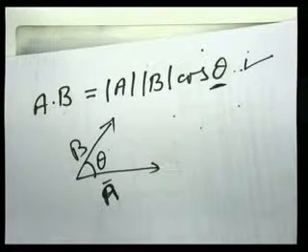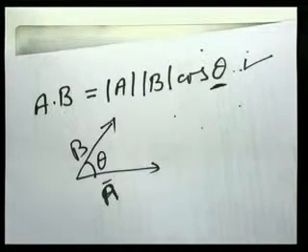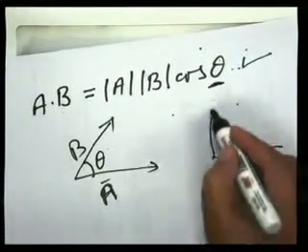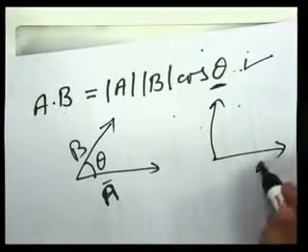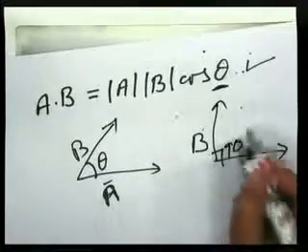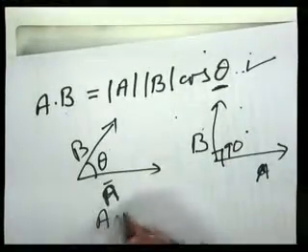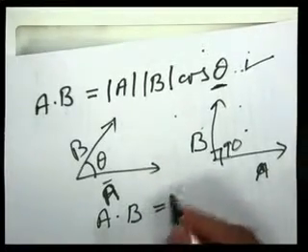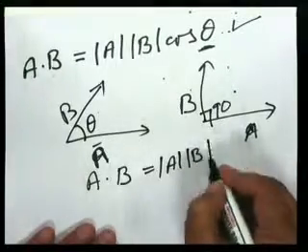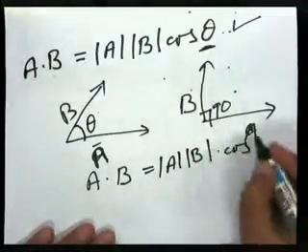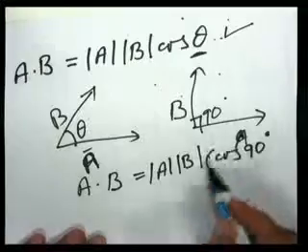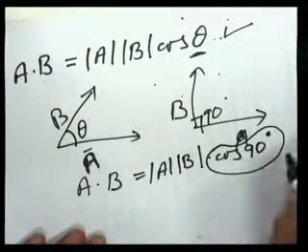So this is the alternate definition of the dot product. Now what is the physical or geometrical meaning of this dot product? Suppose we have perpendicular vectors A and B, at 90 degrees. So A dot B is equal to modulus A modulus B into cos 90 degrees. But we know the value of cos 90 degrees is 0.